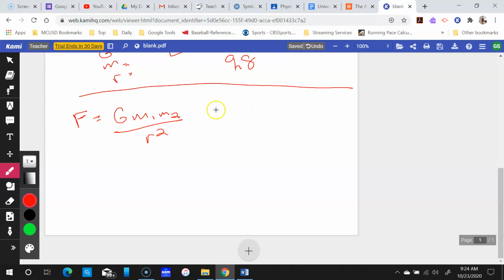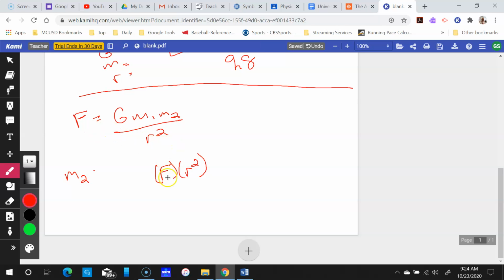So hypothetically, let's say you had to solve for the mass of one of the objects. You're going to have to rework this equation. The first thing I do is get whatever's in the denominator out. So you just cross multiply. So really then you're looking at F times the radius squared.